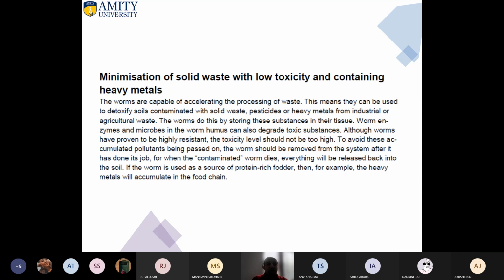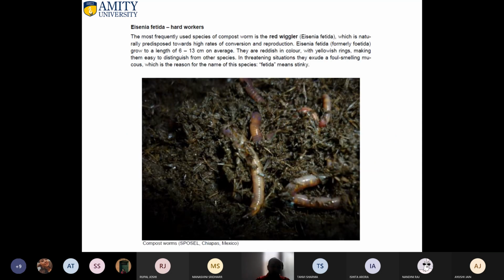If the worm is used as a protein-rich fodder, then heavy metals will accumulate in the food chain. You are not worried about the worms dying inside, because it's again the organic content being added into the vermicompost. But heavy metals will also leach out and contaminate again, because part of the heavy metals will be consumed by the worms, but when they die, those heavy metals will again come into the food chain. So that needs to be taken care of in order to have the compost.